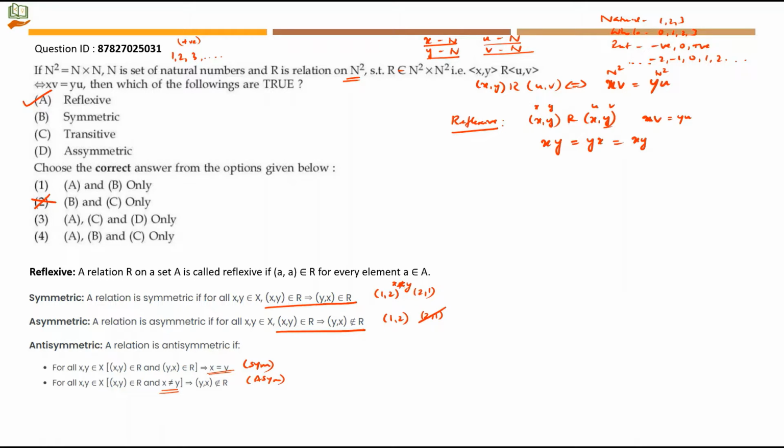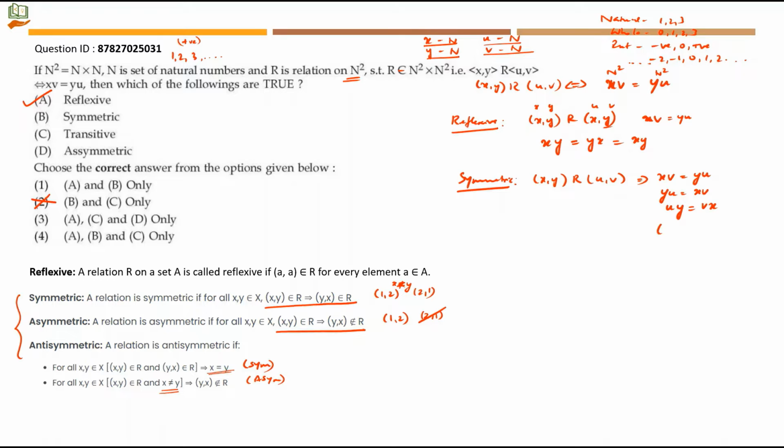I thought that these statements would give you clarity on symmetric, asymmetric and antisymmetric. That's why I've included them. Now we'll check for symmetric. So let's take (x, y) relation (u, v), which is xv equal to yu. Now we can write this as yu equal to xv, and I can interchange this, making it an ordered pair.